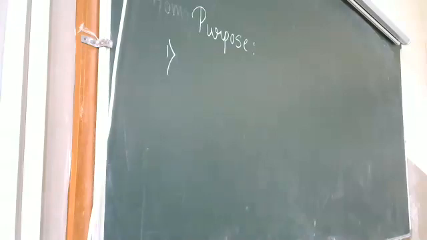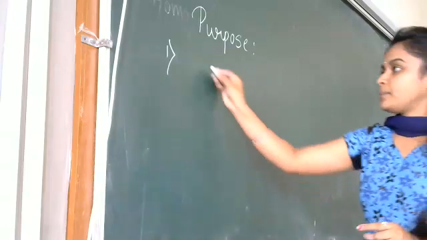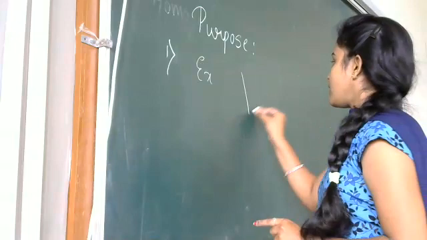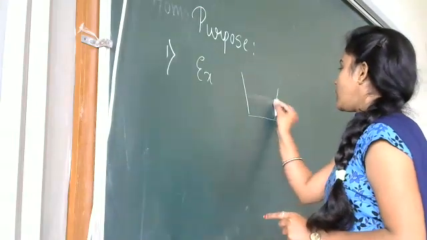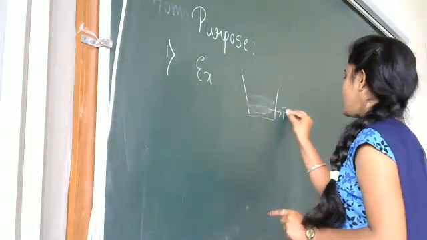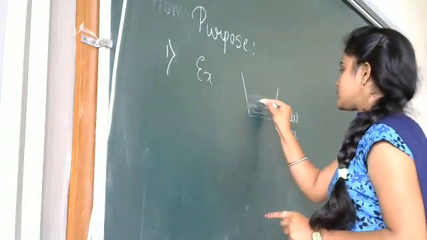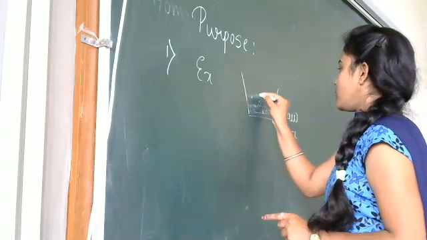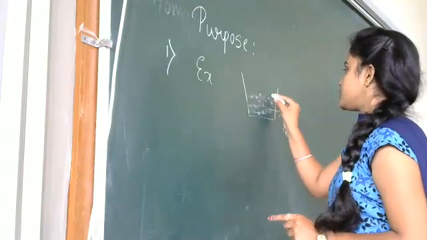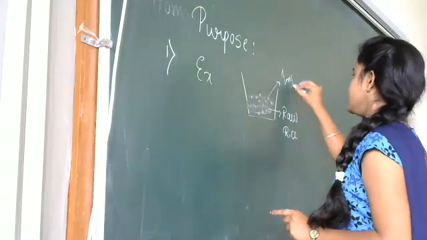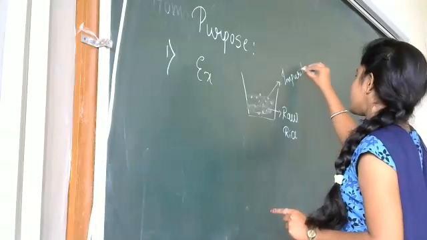One example we will take. That is rice. You have raw rice, and in that rice, you have small stones or waste particles which are not needed. Here you can write it as impurities.